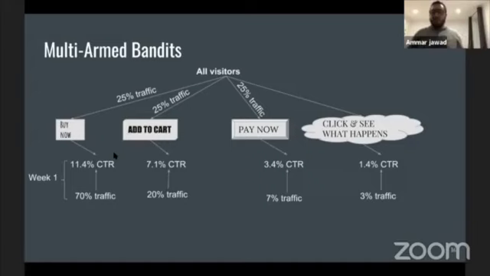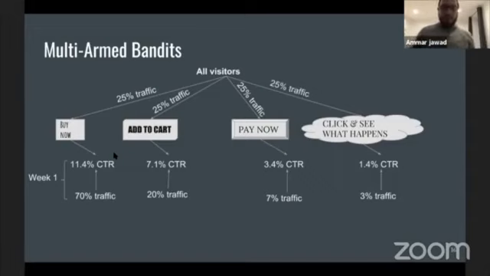The reason why this is extremely powerful is in an A/B test, we were sending 75% of the traffic to call to action buttons that weren't going to win. In this scenario, we are dynamically changing the traffic to the best performing version. And so if we have one terribly performing variant, it will get discarded pretty early on.